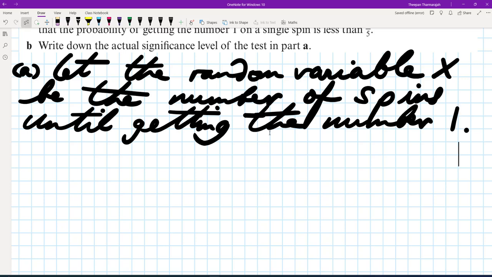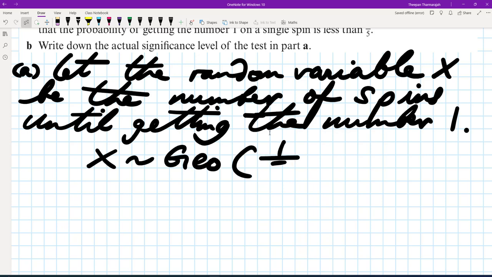So let's follow the geometric distribution. If the hypothesized probability is correct, then P will be 1/5.